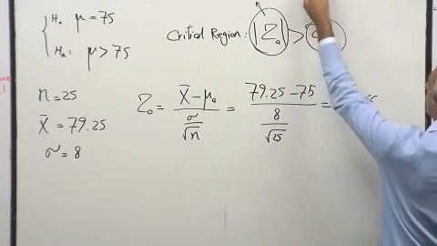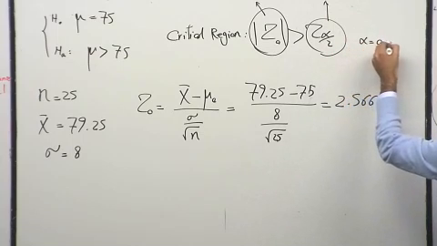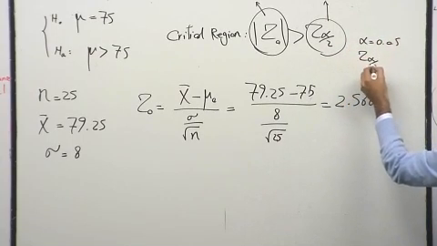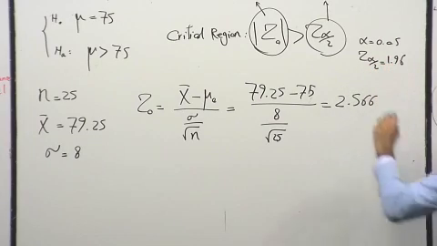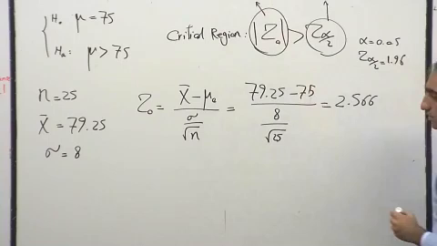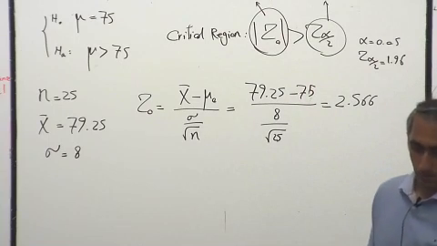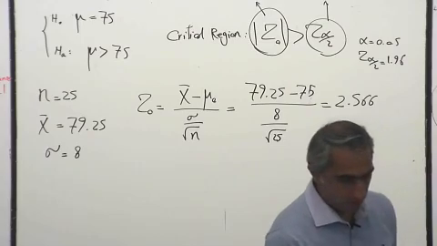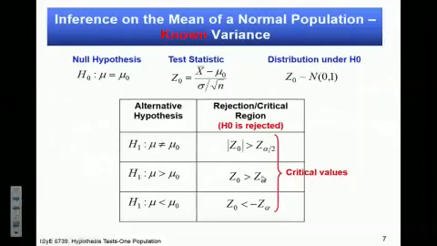Alpha is 0.05, and Z of alpha over 2 is 1.96. So this is greater than, therefore we reject H null. Why? Because of this: Z0 greater than Z sub alpha, then we reject H null.